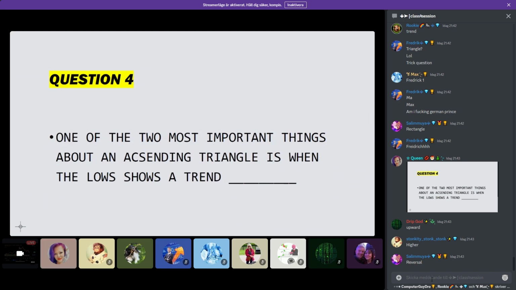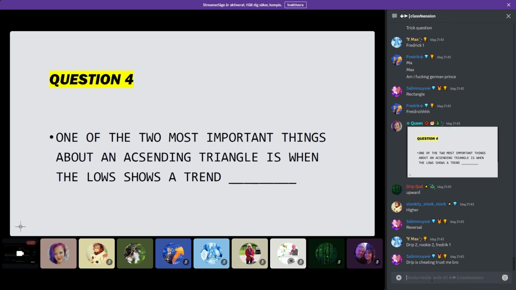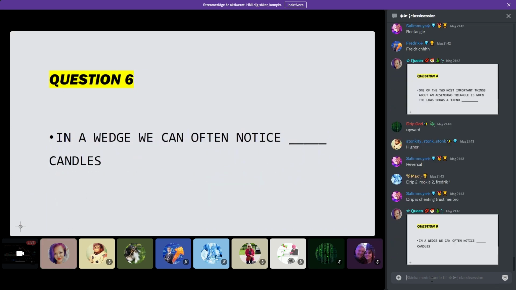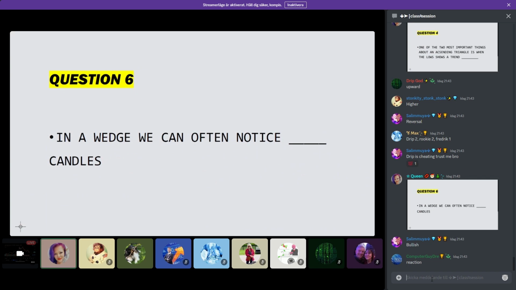All right. On to number 6. Okay. Y'all ready? In a wedge, we can often notice blank candles. Rejection. Computer guy got it.